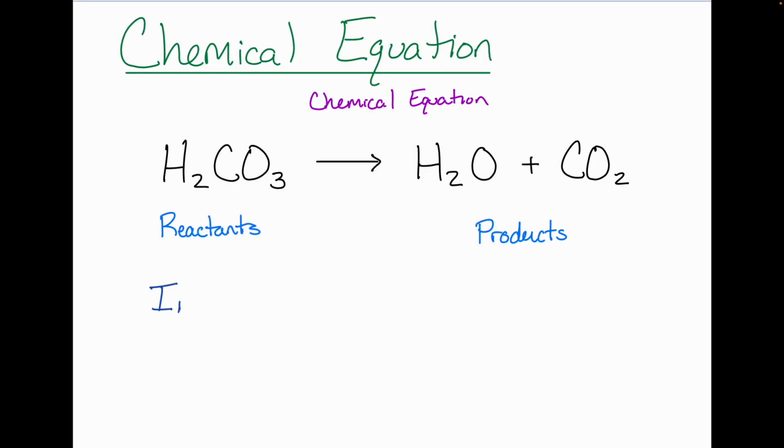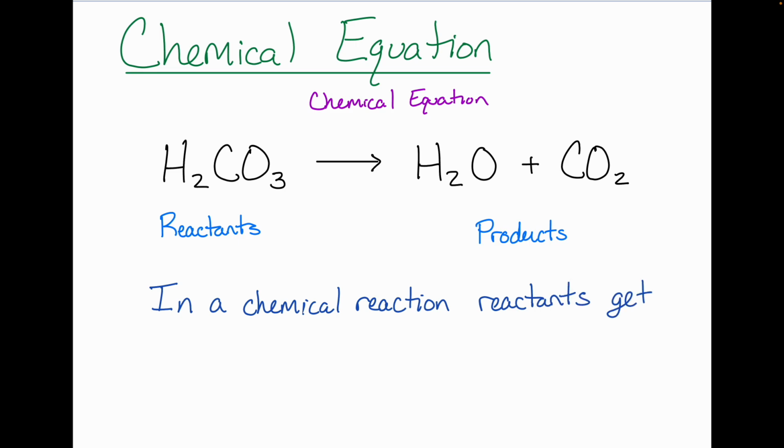Okay, and then we say in a chemical reaction, our reactants get converted into products. Right? So if you have H2CO3, it will become water and carbon dioxide. Okay? This is a chemical reaction that happens.